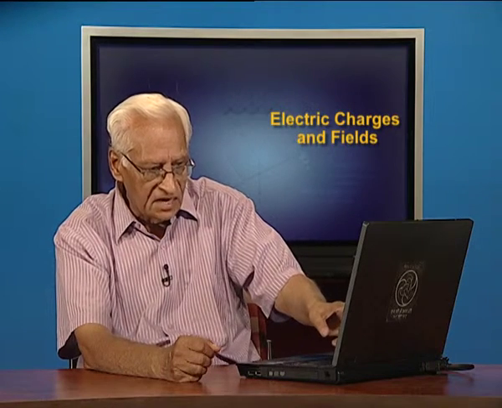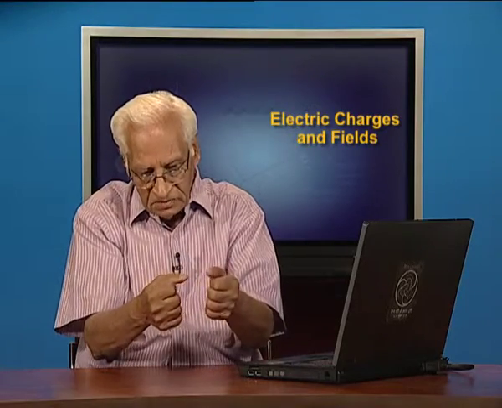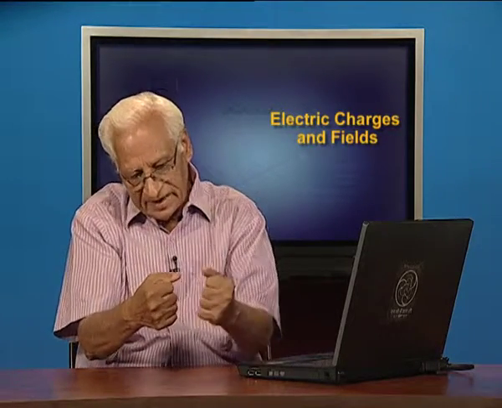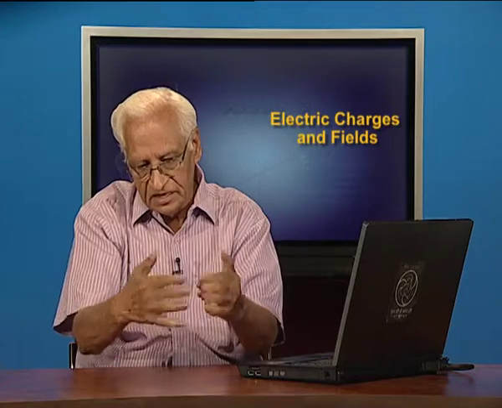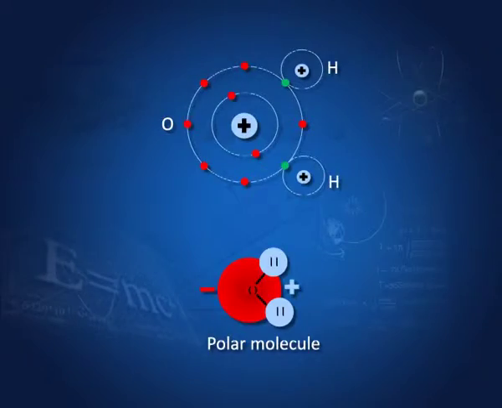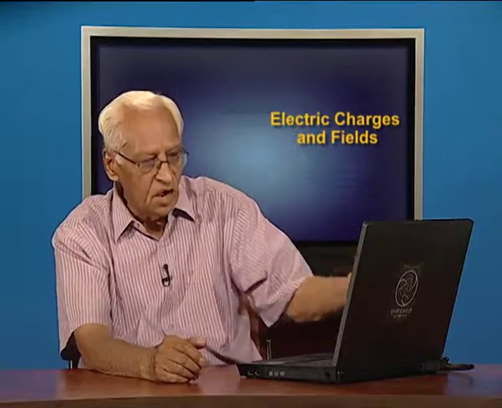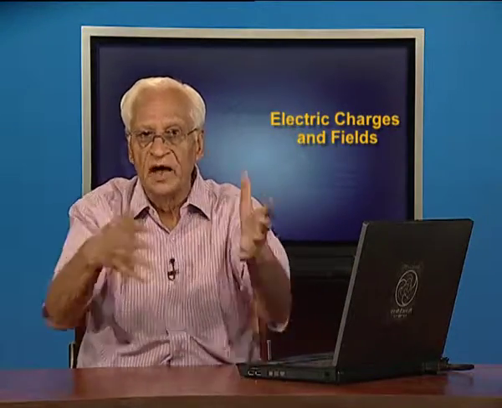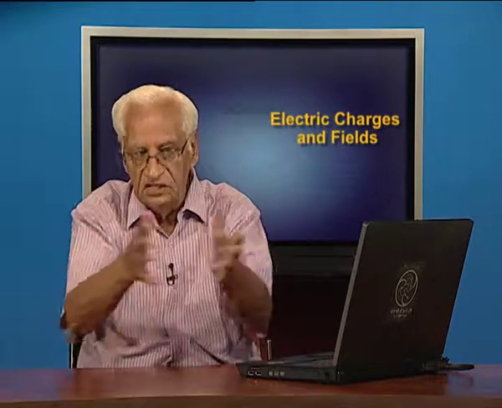So, negative charge on one side and positive charge on the other side, as I have shown here. The molecule becomes a dipole, there is a negative charge here, a positive charge here, and the distance between them is very short. Such a molecule is known as a polar molecule, because there are two poles now, minus charge and plus charge, and that is how the water molecules join with one another to form chains.